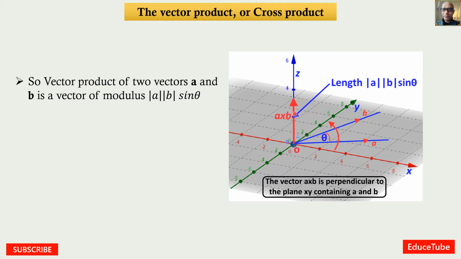This is the length of this A cross B vector. And it is in the direction of small e cap. In the previous figure I showed the unit vector, but here I showed only the A cross B vector.